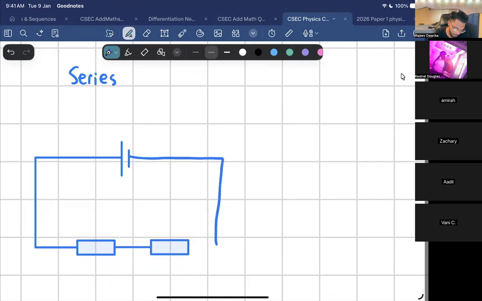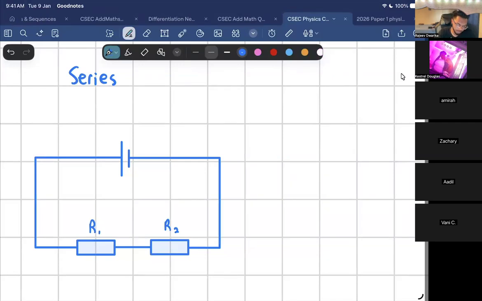Look at this circuit, right? I'm going to call this R1 because this is a resistor, and there's another resistor. If I were to draw the flow of current in the circuit, remember the longer terminal represents what, Adil? What does the longer terminal represent? Positive.